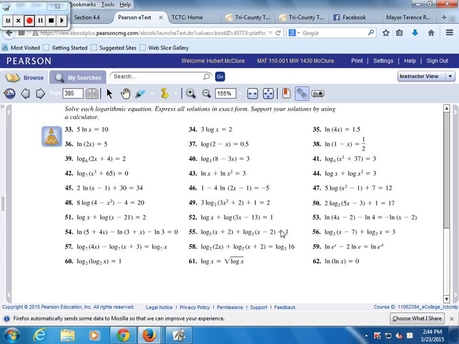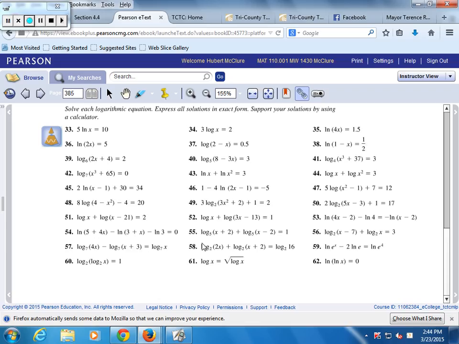All right, just for memory purposes, which ones do y'all have the answers for, the even ones or the odd ones? Odds. Let's try 55 and 57.